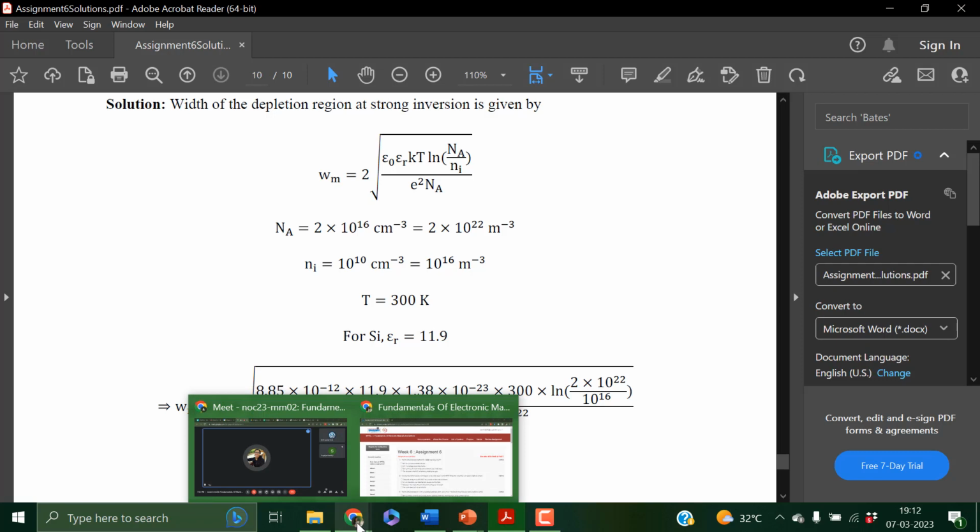Can you repeat that once more? WD is equal to square root of phi s 2 epsilon naught epsilon r divided by E into Na. That is phi s, right? If you replace that with 2 times phi b, then what will it become? Inside the root, 4 will come and that 4 you can take outside and it becomes 2, right?